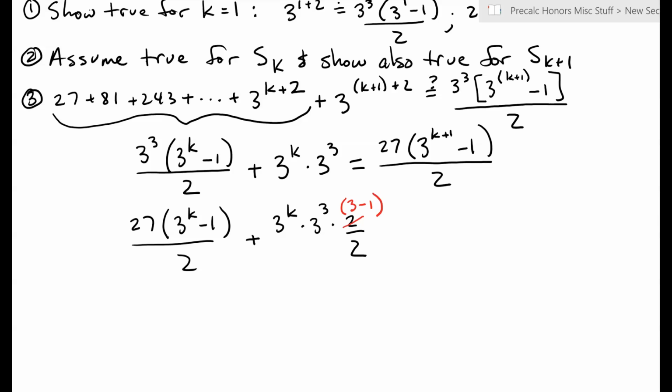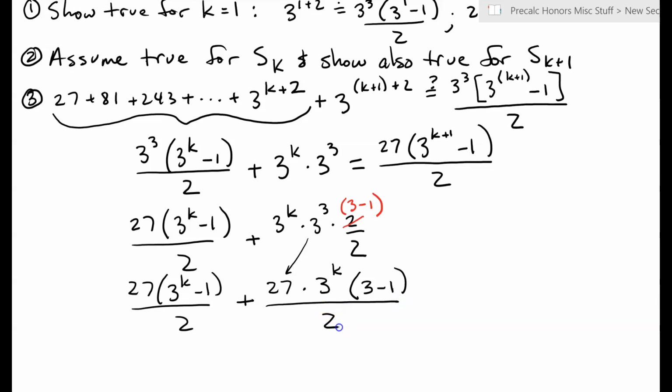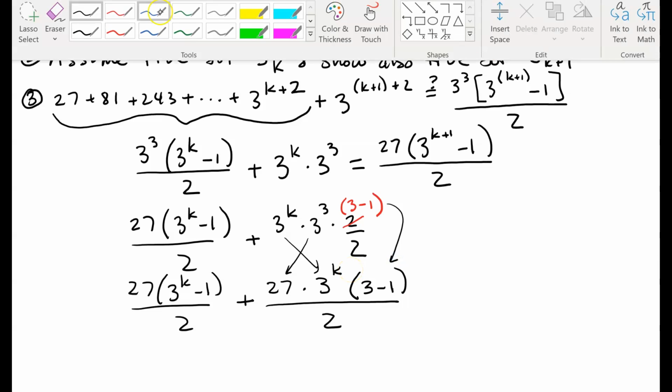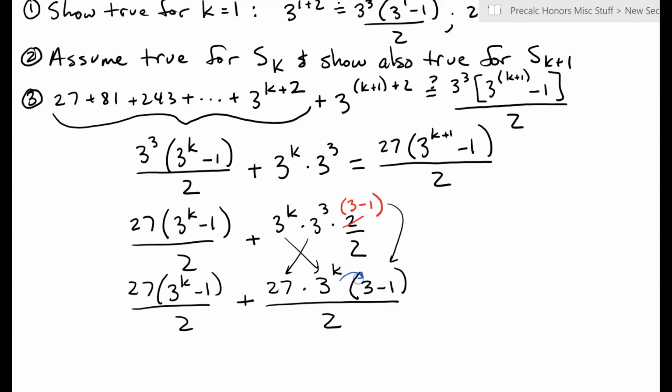Alright, so next I've got 27 times 3 to the k minus 1 over 2 plus, there's my 27 over there, 3 cubed is 27, times 3 to the k times 3 minus 1 all over 2. Okay, so I just rearranged over here. That's my 3 minus 1. And now what I'm going to do is distribute over here.